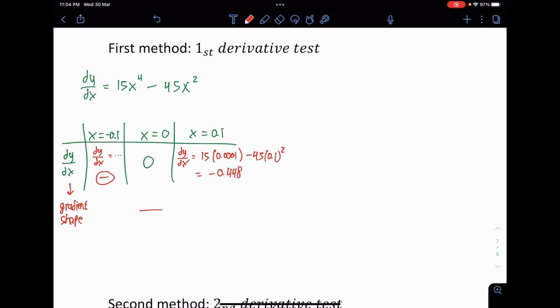Whereas if the gradient is negative on these two occasions, that means the graph is sloping down. If I have to draw the shape, it looks like this: going down, horizontal, going down. This is the shape of the curve. Therefore, it's what we call an inflection. Hence at x equals 0, I'm going to get an inflection.